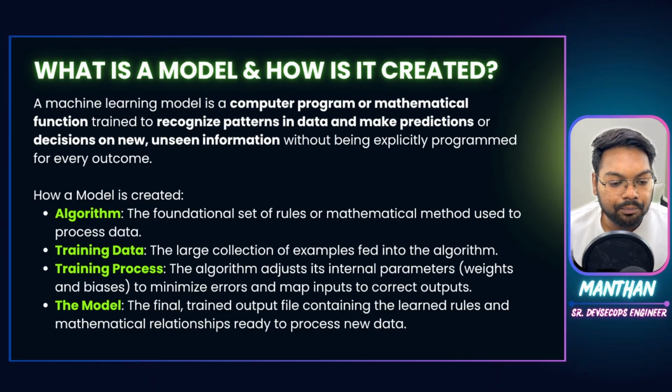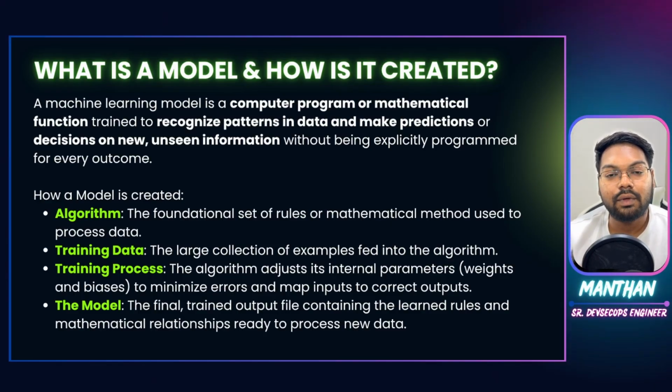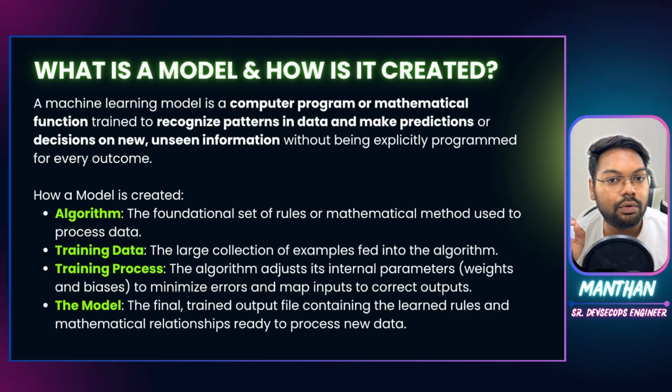Then, what is a model in that particular case? If we talk about machine learning, then there should be something that we are going to train. The thing that we are going to train is called a model. Let's say a model to do mathematical computation. What are we going to train it on?